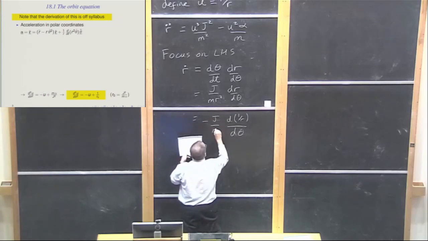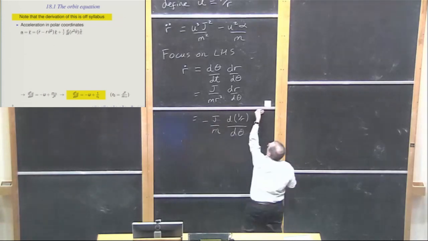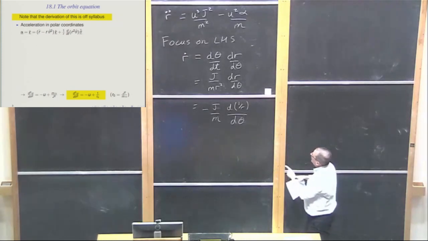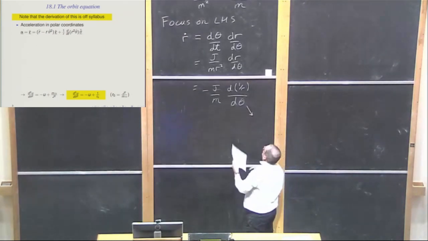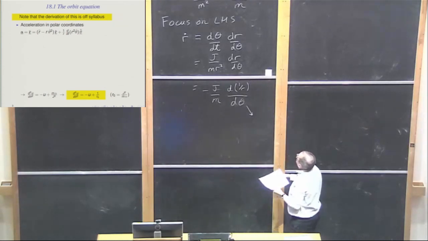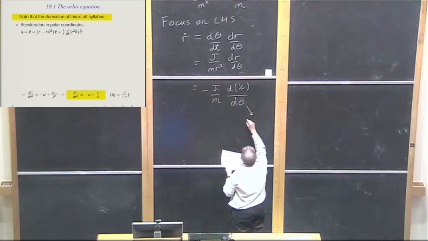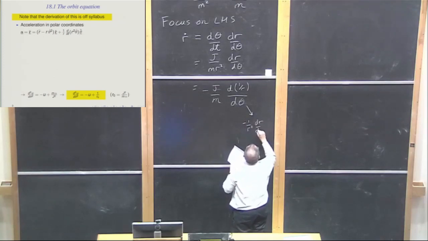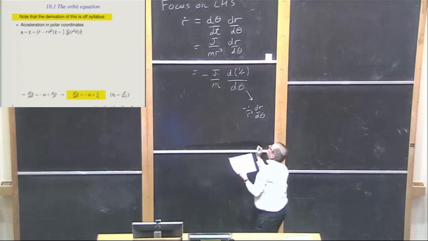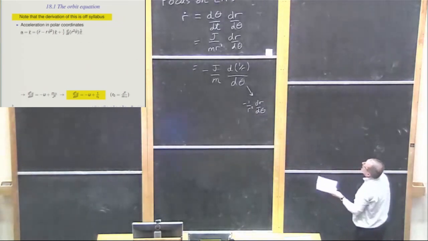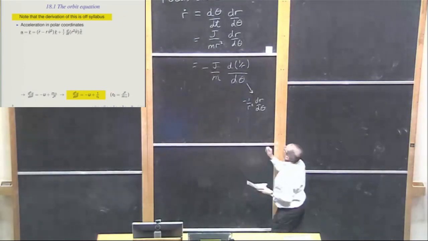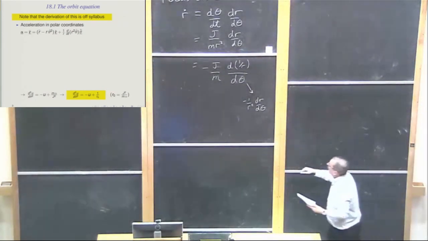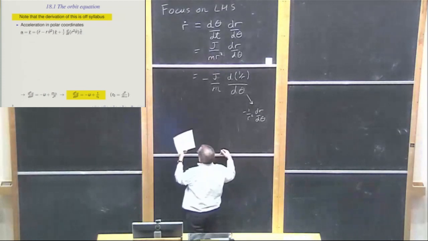Let me write the whole thing. Right, so this is a cunning manipulation, and just to spell it out in obvious terms, d of 1 over r d theta is the same as minus 1 over r squared dr d theta, right? So by writing it in that way, I've managed to get rid of that r squared, and 1 over r, that's nothing more than our u, this variable we've defined.